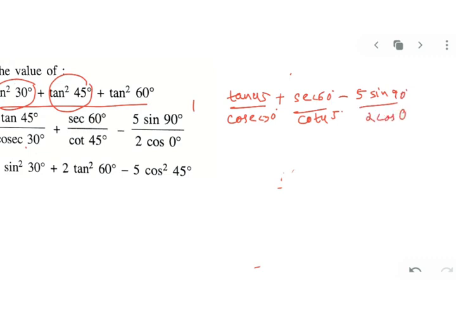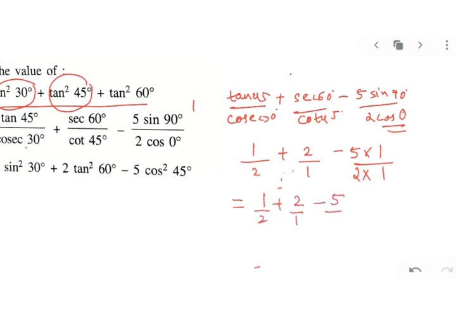Tan 45 is 1, cosec 30 is 2, plus sec 60 is 2, plus cot 45 is 1, minus 5 sin 90. So 5 you have to keep in multiplication and put the value of sin 90, 1, and 2 cos 0. 2 you have to put in multiplication and cos 0 value is 1. So you got 1 upon 2 plus 2 upon 1 minus 5 upon 2. Take the LCM and get the final fraction.